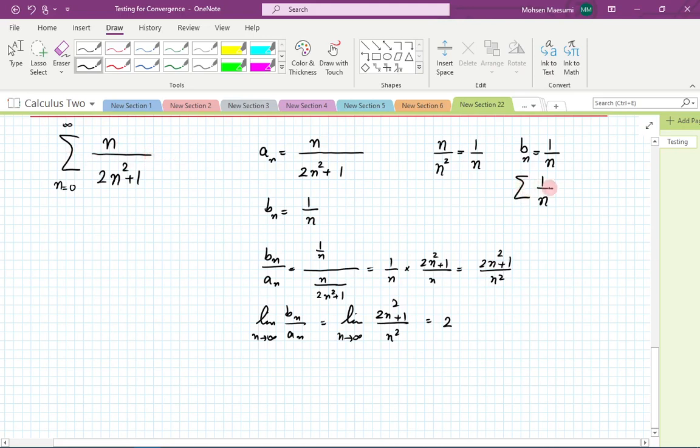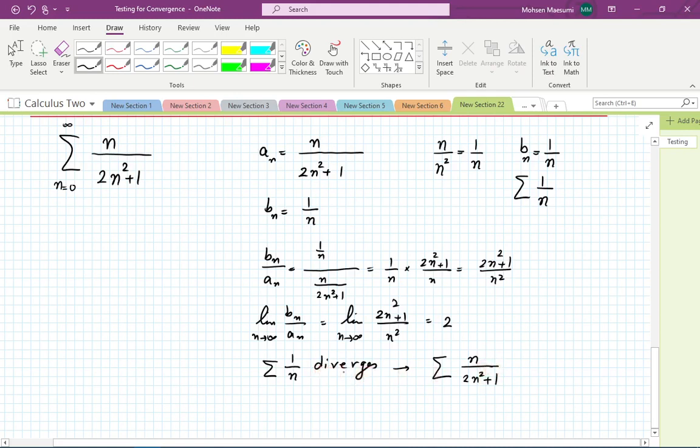Well, this one you know from p series or harmonic series that it diverges. Therefore, the first one, so we write like this: I know that sigma of 1 over n diverges. That, given the fact that this is some number between 0 and infinity, it means the other one shares the same fate. N over 2n squared plus 1 will do the same thing.